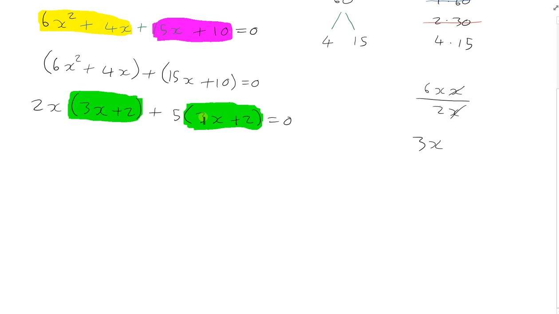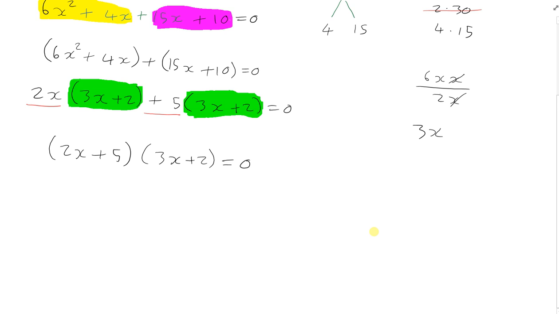So when that happens, what you're going to do is take the outside terms. Can you see this is 2x and the plus 5? You're going to take the two outside terms and put them together, and then also take one of these green terms. If you FOIL this, you should get right back up here.